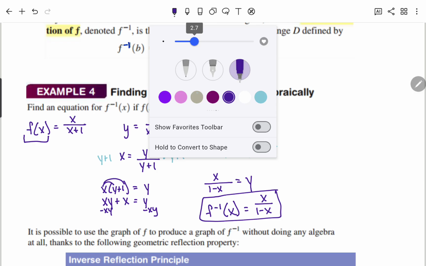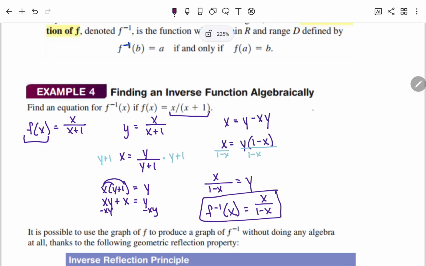Let's write a few notes. Step 1, change f of x to y. Step 2, switch your x's and y's.